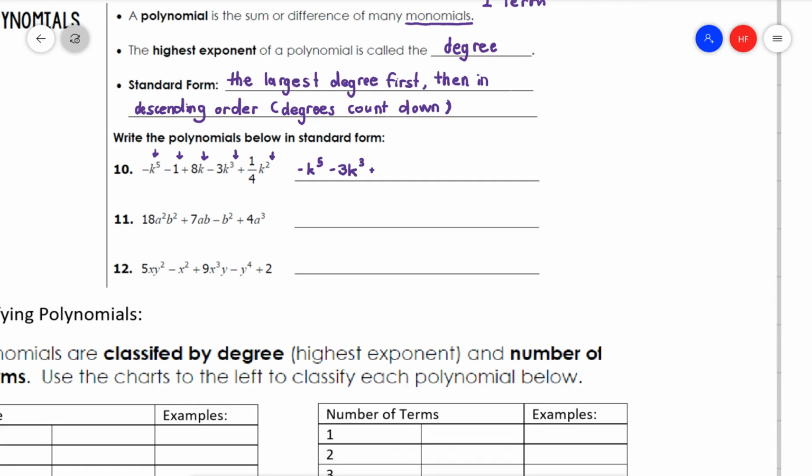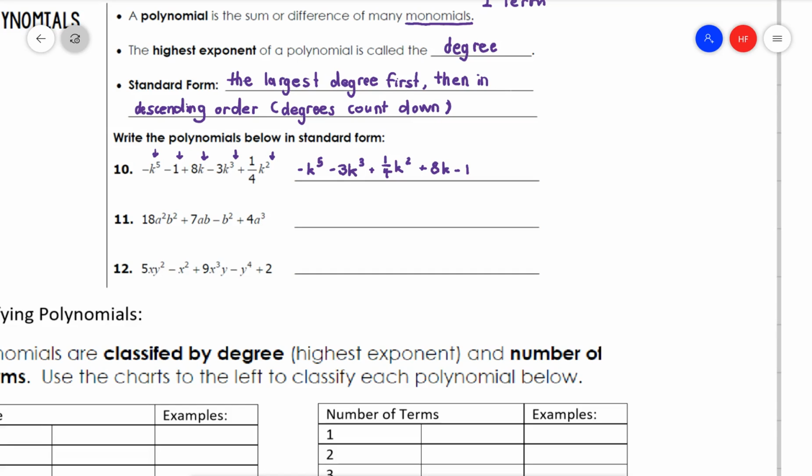Then the 2nd power. Then the 1st power. And then last is the 0 power, which is the same thing as a constant, so that -1. Make sure when you are rewriting in standard form that you keep the signs they originally had and do not change their signs.